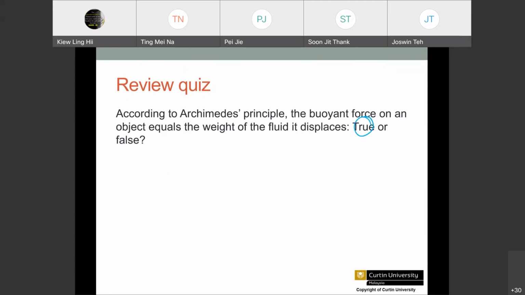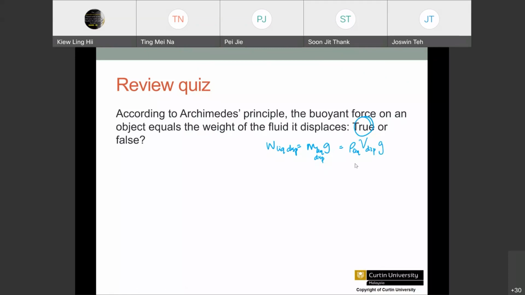So the weight of the liquid displaced equals mg, where m stands for the mass of the liquid displaced. From density, m also equals rho V. So rho is the density of the liquid, V is the volume displaced, and g.